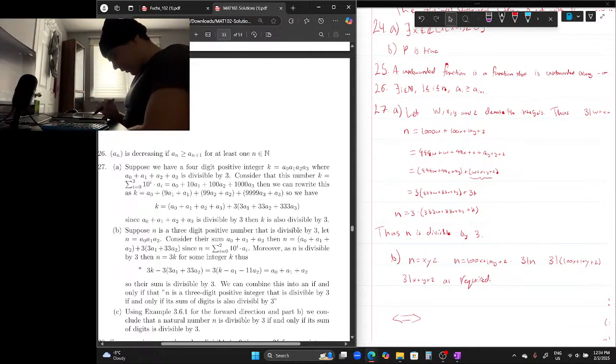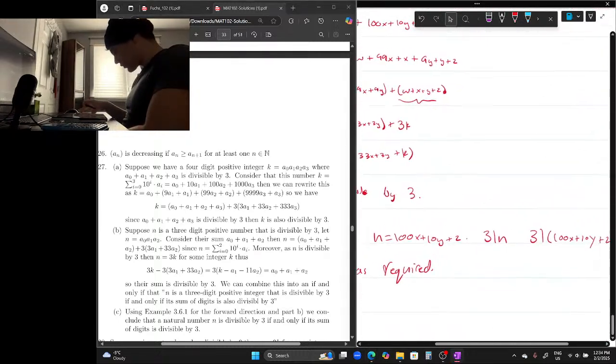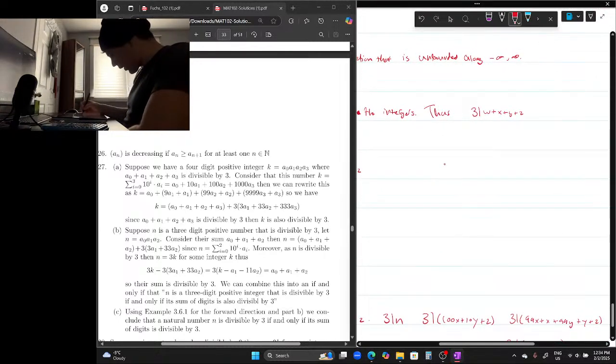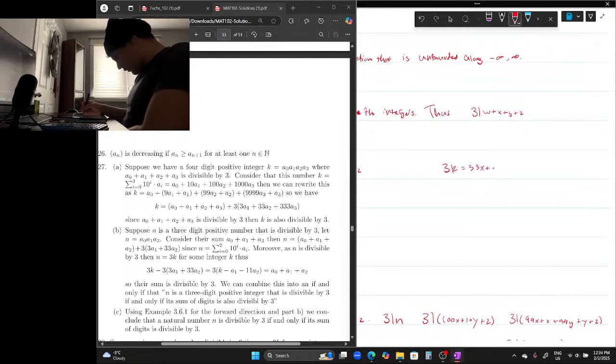Moreover, as n is divisible by 3, then n equals 3k for some integer. So 3k minus 3. So yeah, you can just rearrange it actually. That's a smarter way to do it than what I did. So 3k is equal to 33x plus 3y.